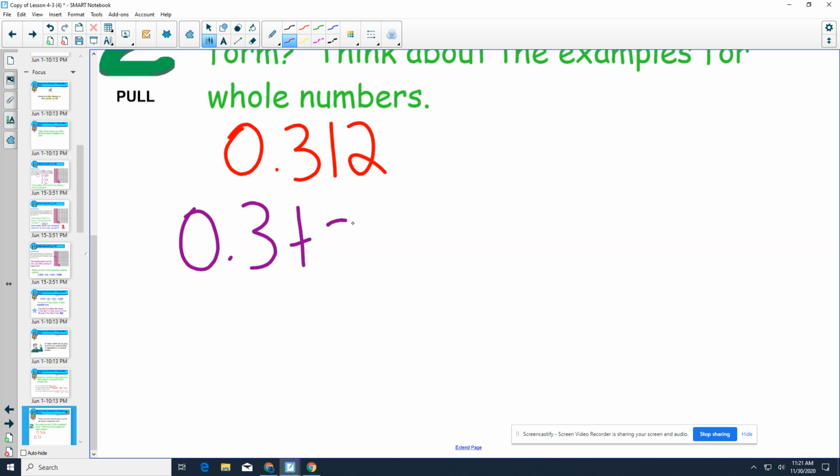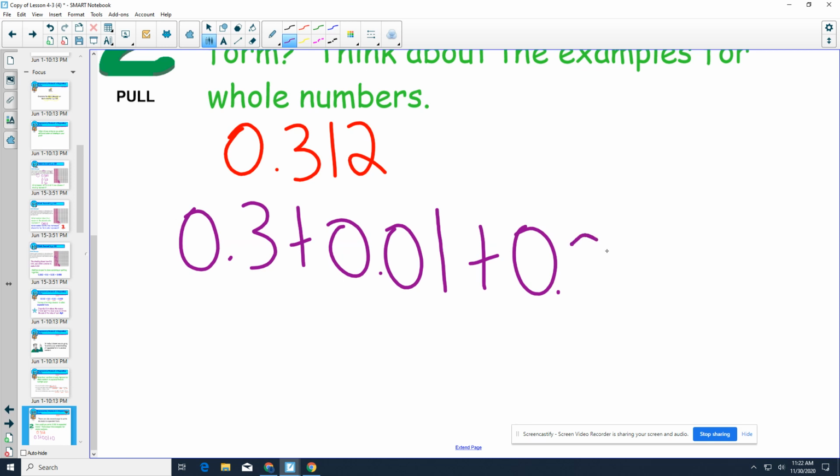Then I could say 0, my decimal, and because I'm not going to report the 3 because I did there, I'm going to put a 0 in the tenths, and then I'm adding the hundredths, which is 1 in the hundredths place. And then I'm going to start with my 0, my decimal. I already reported the tenths, so I'm going to put a 0. I already reported the hundredths, so I'm going to put a 0. And then I'm going to put the 2 in the thousandths place. So that's one way that I could represent that.